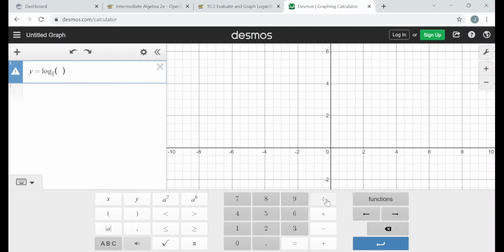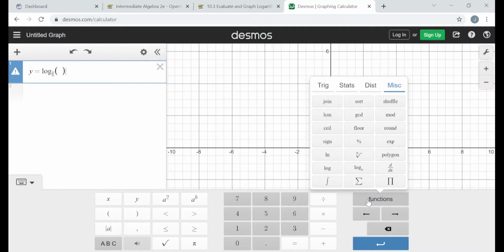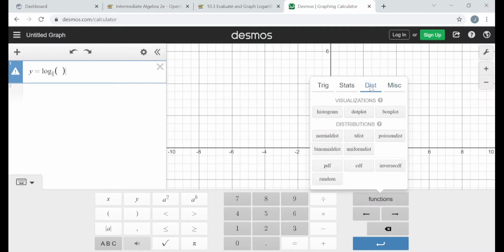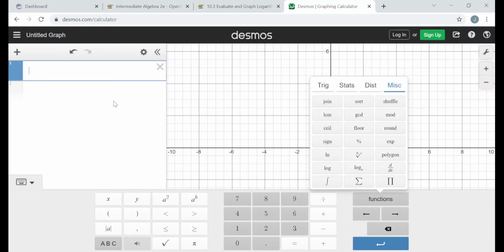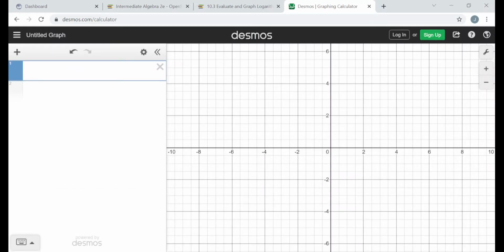No. Okay, this is a bit annoying. We can't really enter this fraction base. That's unfortunate. Well, so instead of in Desmos, let me pull up my TI-84 calculator, and we'll do it there.